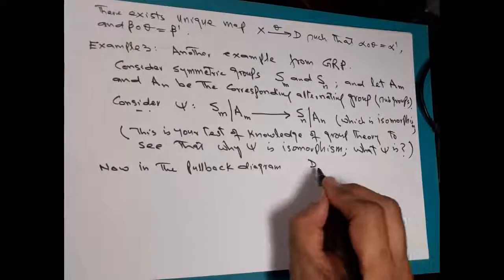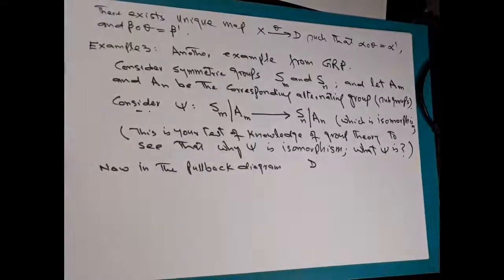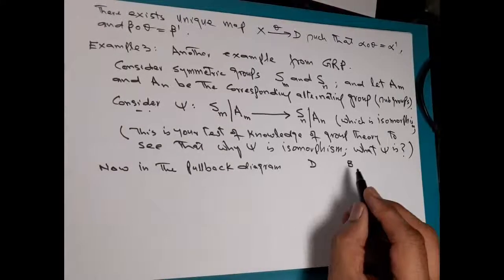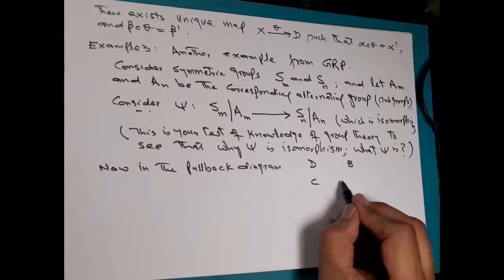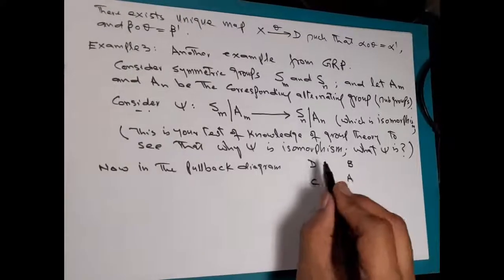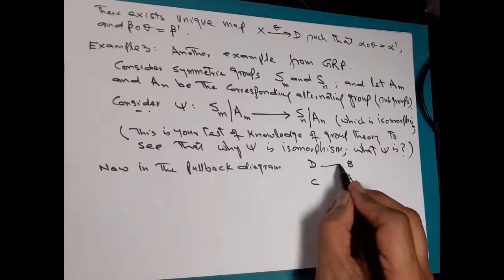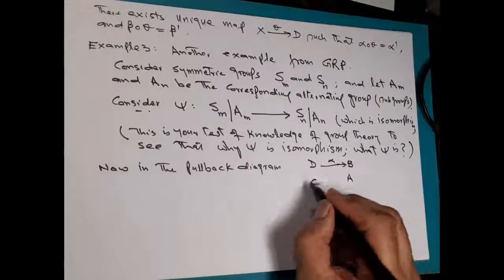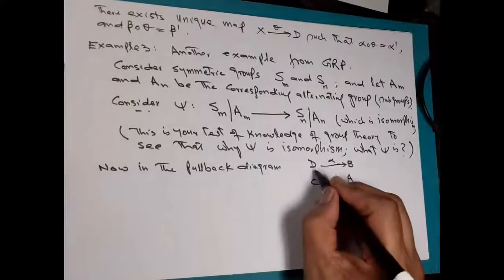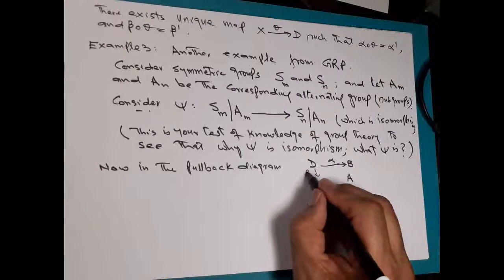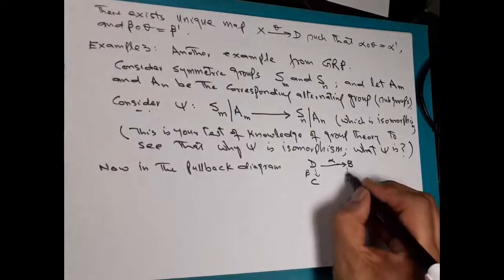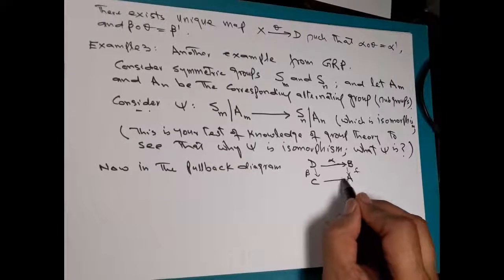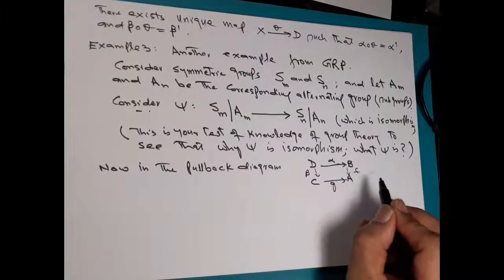This is D, and then we have B, and then C and A. We have map alpha from D to B. We have map beta from D to C, and map F from B to A, and map G from C to A. So these are the maps we have.